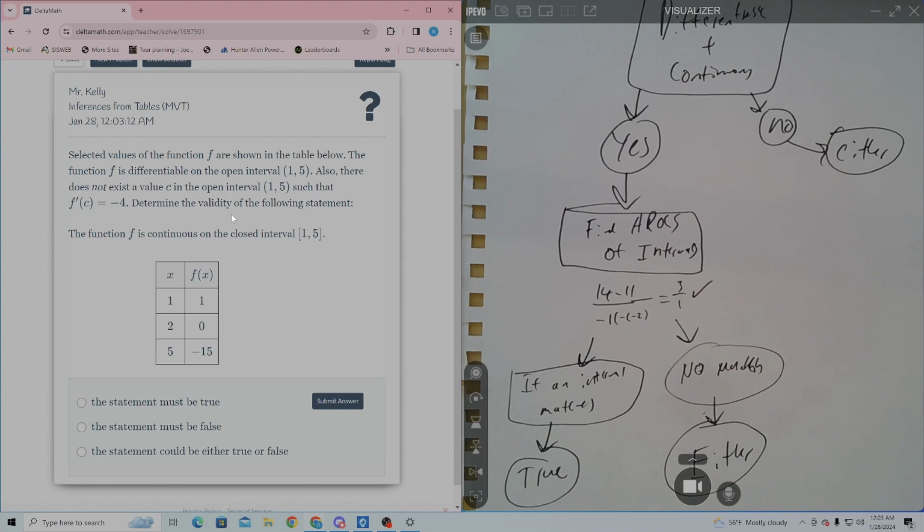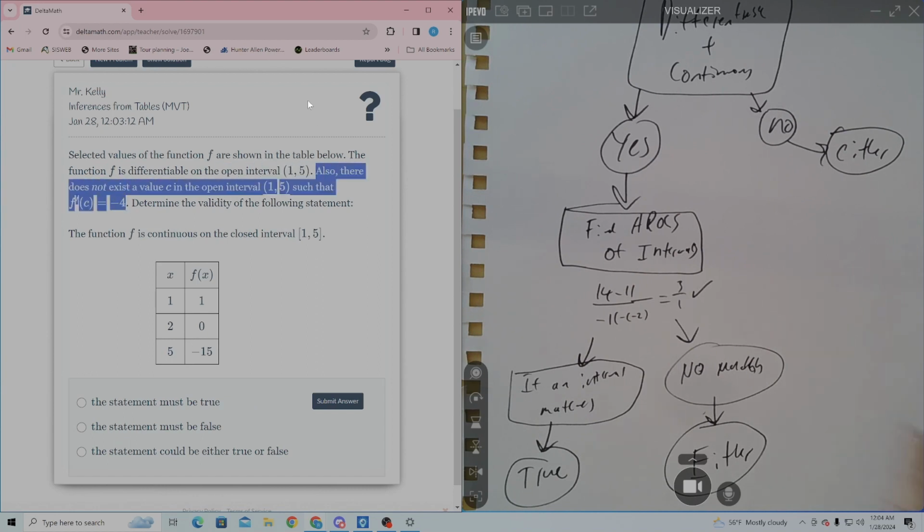Basically what this is saying is if it turns out that one of these average rates of change is -4, then this must be false. Because if it's continuous and it's differentiable and an average rate of change is -4, then this one must be true. That makes sense?